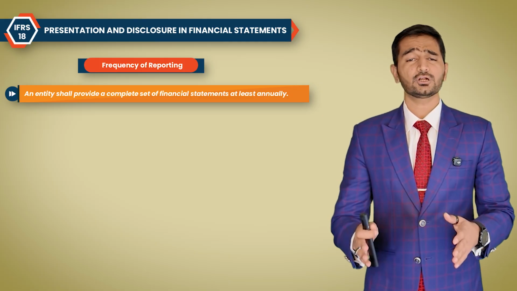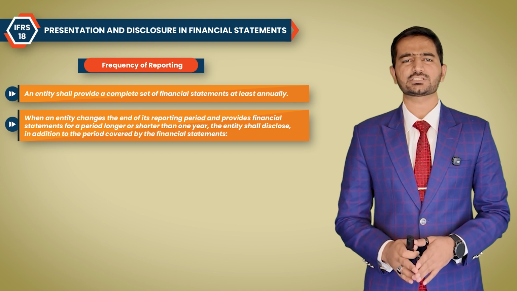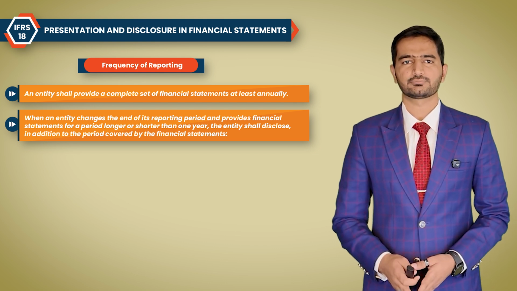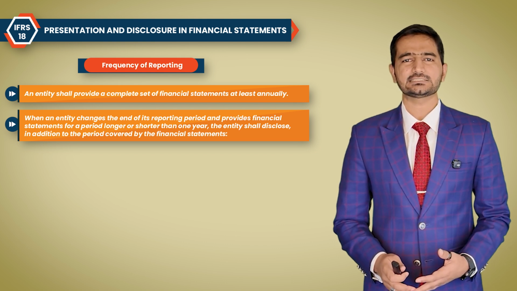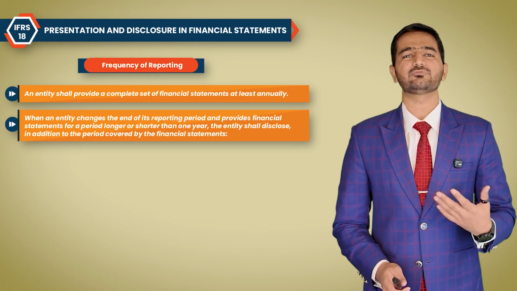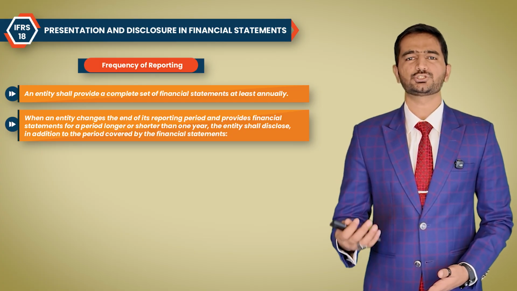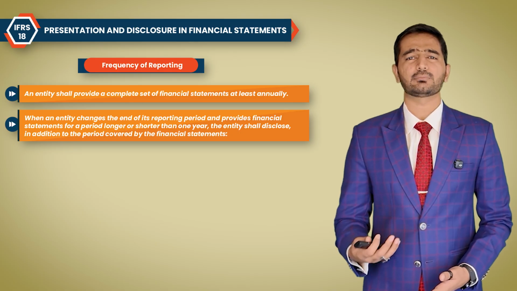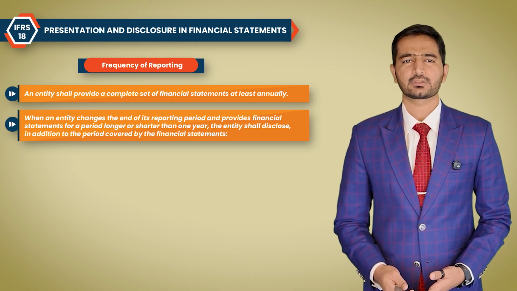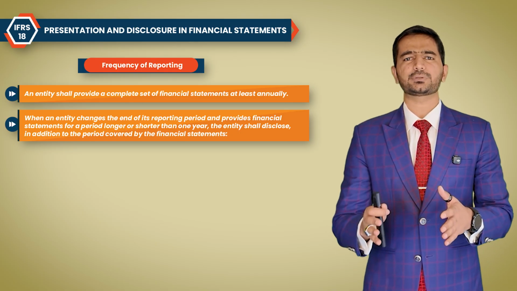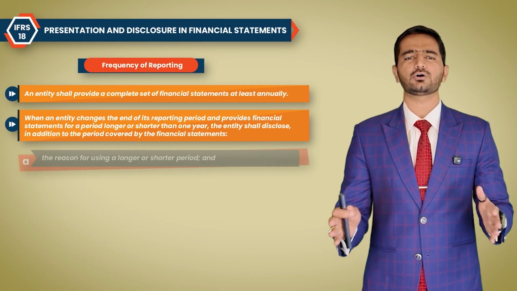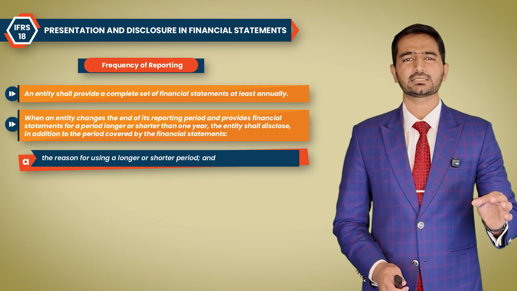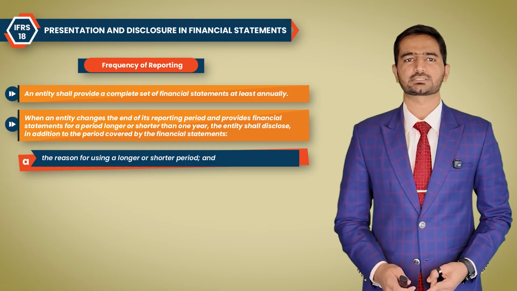Now, what if a company presents financial statements for a shorter or longer period? Well, in that case, you need to disclose the reason why. Maybe you change your reporting period because your parent company uses a different year end. IFRS 18 allows you to present financial statements for a longer or a shorter period, but you must disclose two things.